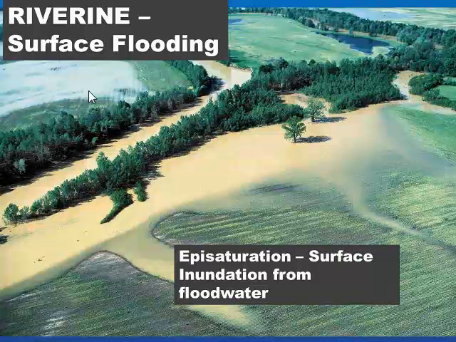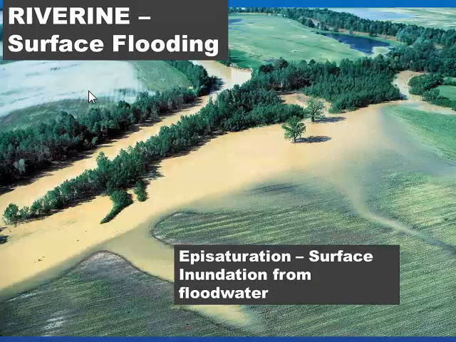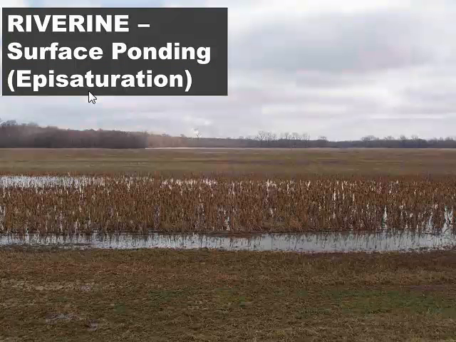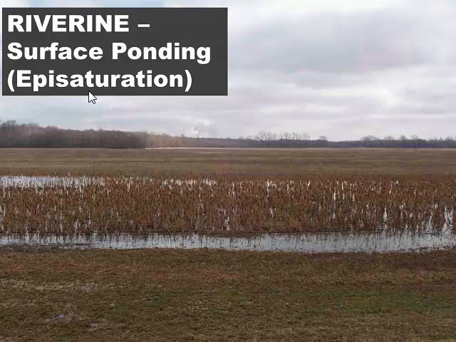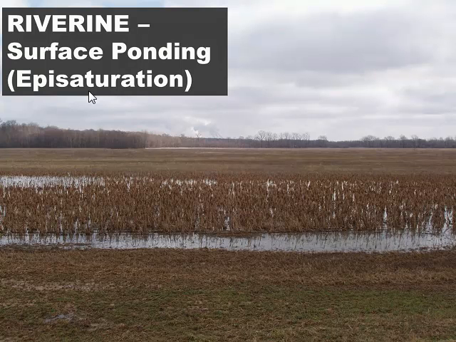It's all about the surface flooding, and that is episaturation in our riverine hydrology context. So shot up close, this is what ponding looks like after the hydrograph recedes, and we still have a fairly large area of ponding. Again, parked on the surface. The water's trying to move vertically downward in this situation, and this is episaturation. This is surface water.